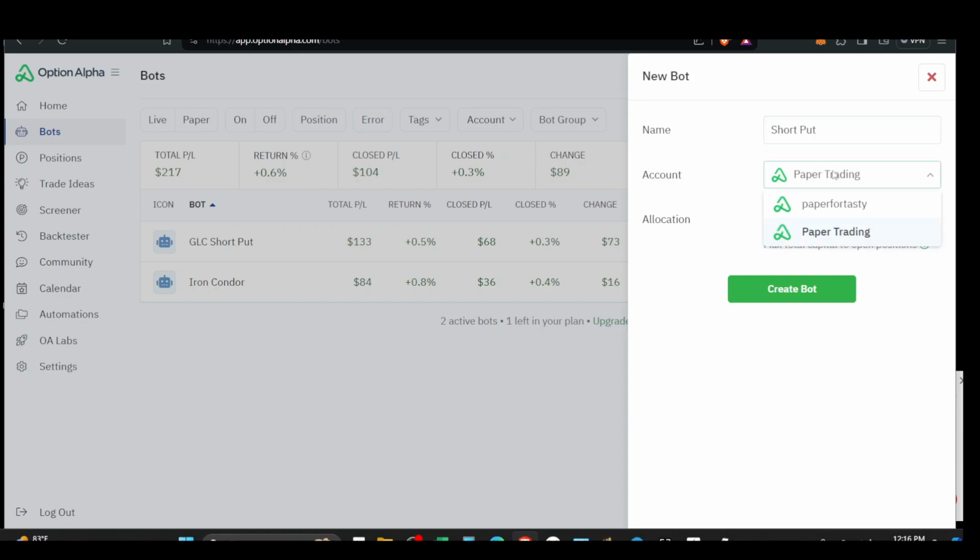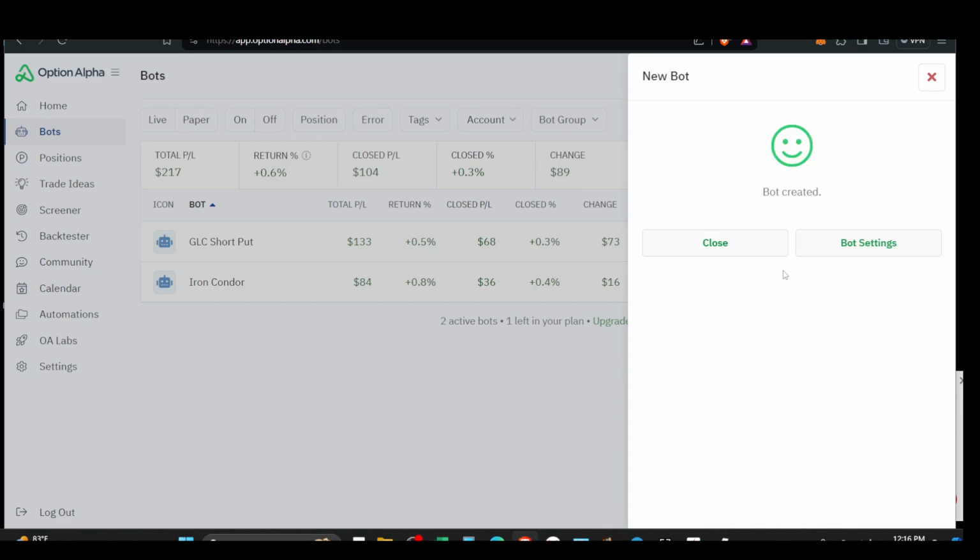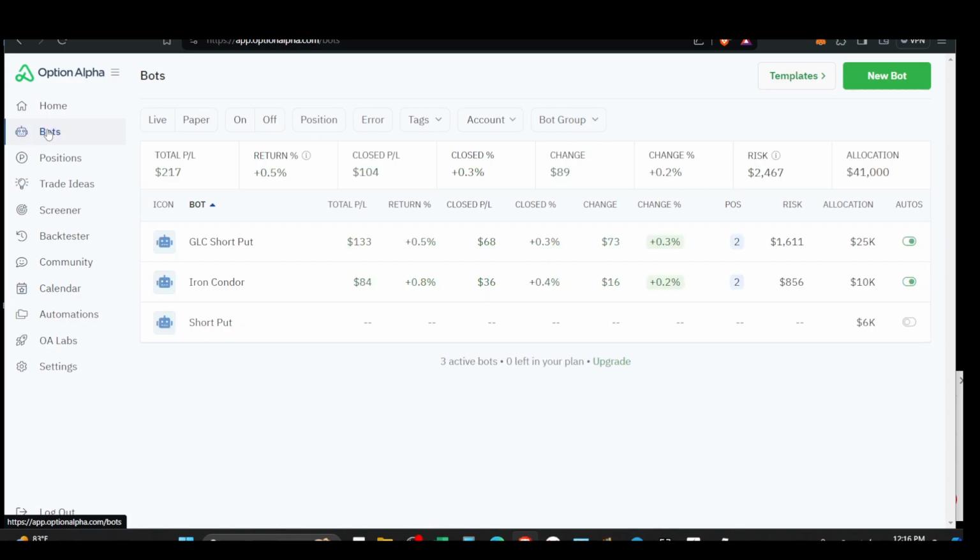Here, these are different accounts, so I can go to this one and I will allocate, I don't know, 6,000 maybe, and then let's see if it will let me. Bot created. So if I click on bots, I will have short put.